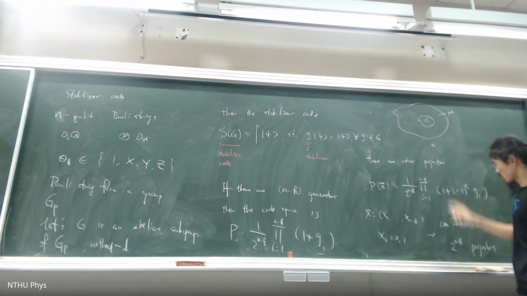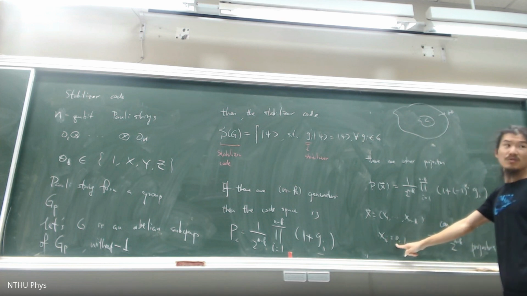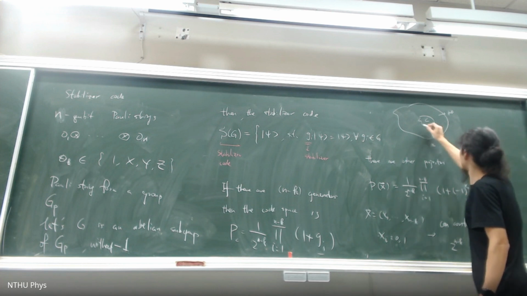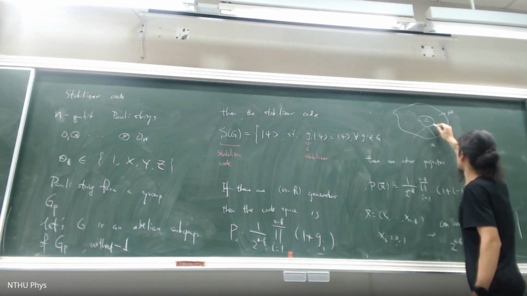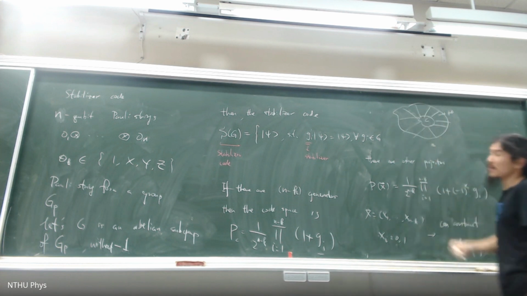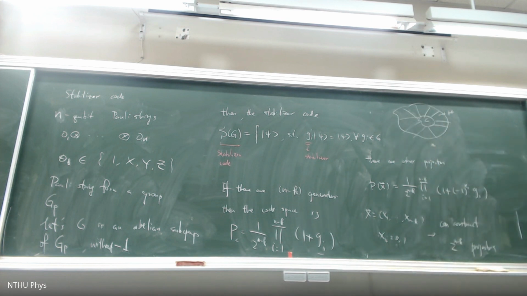This corresponds to the 0, 0, 0, 0 kind of vector. There are other vectors, but in total you have 2 to the power n minus k vectors. So you basically have several projectors, and you can consider all these projectors as different spaces in the Hilbert space.